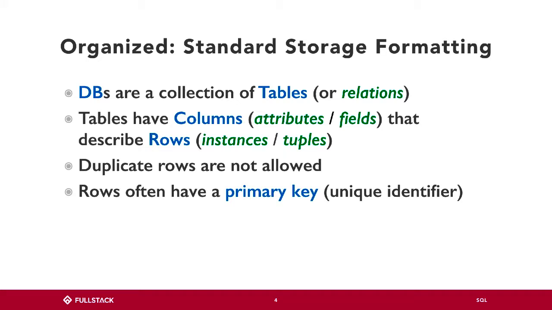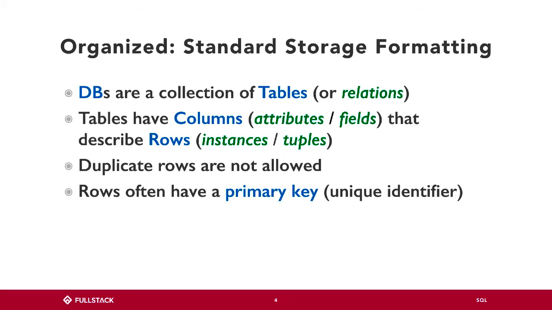Tables have columns, and sometimes these columns are called attributes or fields. The rows would be called instances or sometimes tuples. Duplicate rows are not allowed. And rows almost always have a primary key to identify a row.